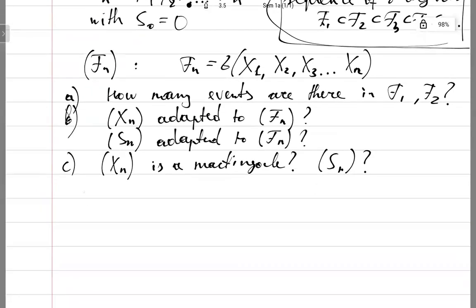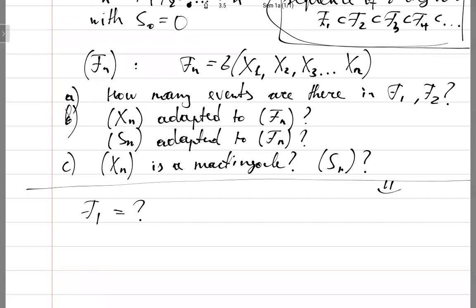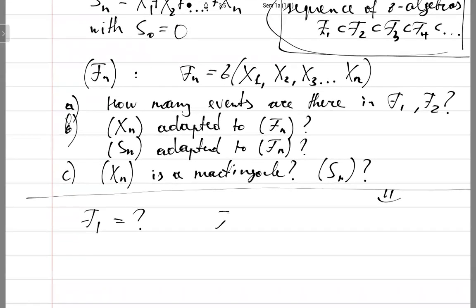Okay, let's move on. The setup of the problem is clear. Okay, what is F1? Let's calculate it. What do we know at the moment 1? At the moment 1, F1 is sigma of X1. So I know the value of X1. There are some events that I'm sure about whether they have happened or not.